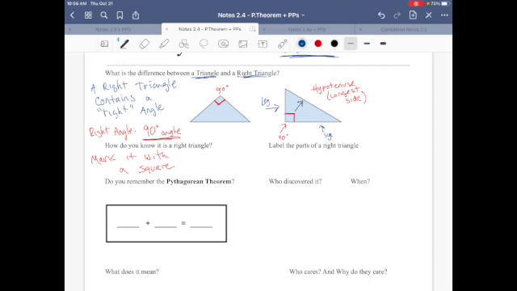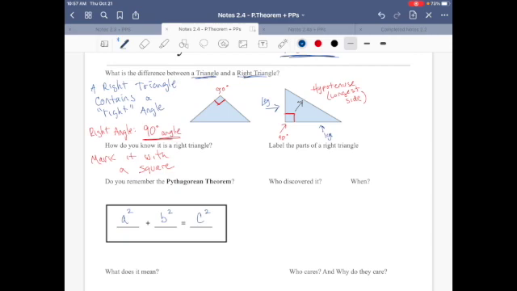So right triangles adhere to this principle, and it's called the Pythagorean theorem. If I take one of the legs, which we'll call A, square it and add it to the other leg squared, it's going to equal the hypotenuse squared.